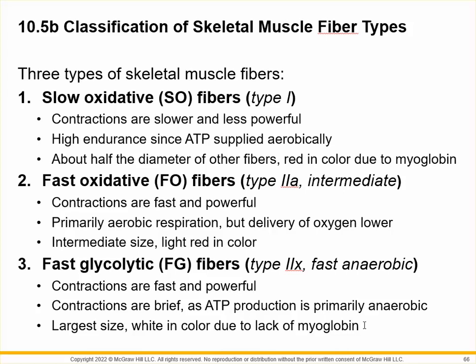Now, one of the things that I will point out is that you can't turn slow oxidative fibers into fast glycolytic fibers. It doesn't work that way. It's different enzymes, it's different things, but you can optimize them. So if you are optimizing your slow oxidative, you will grow more mitochondria.